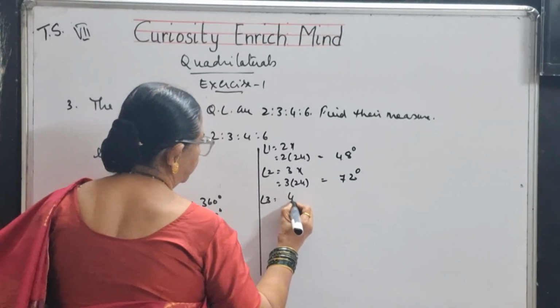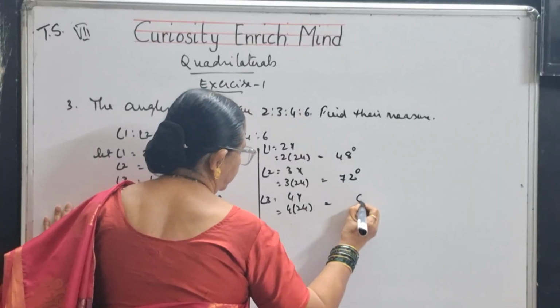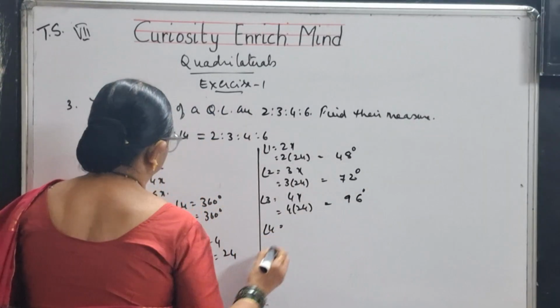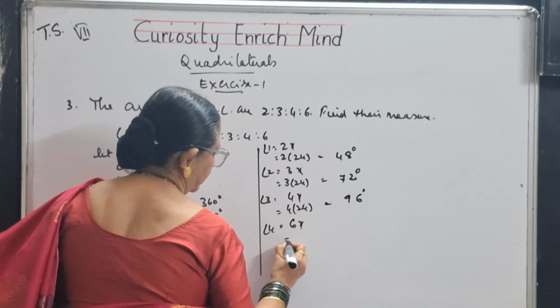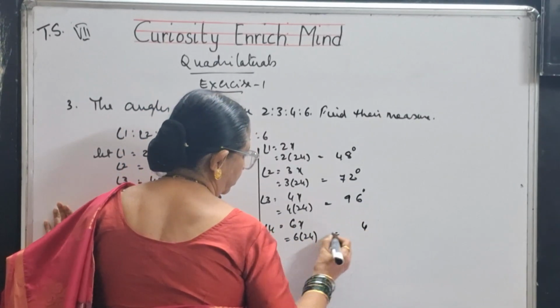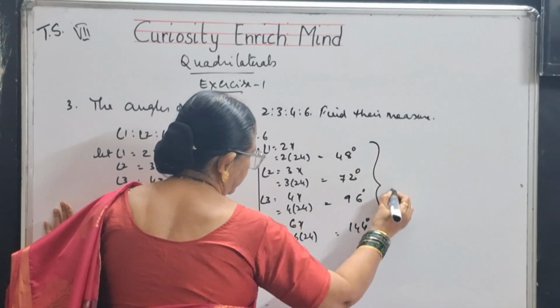Angle 3 is equal to 4x, 4 into 24, 96 degrees. Angle 4 is equal to 6x, 6 into 24, that is 144 degrees.